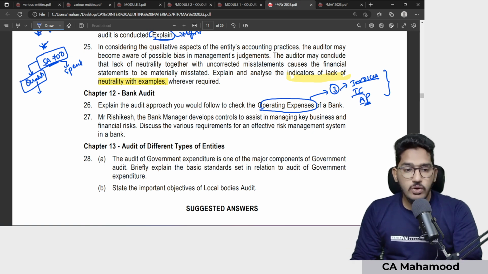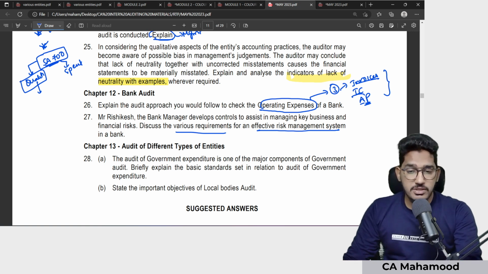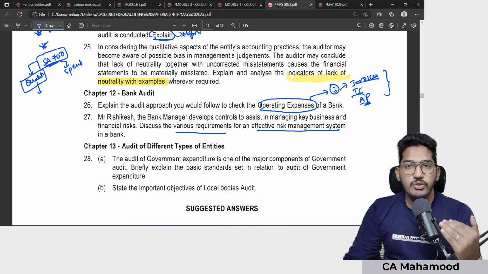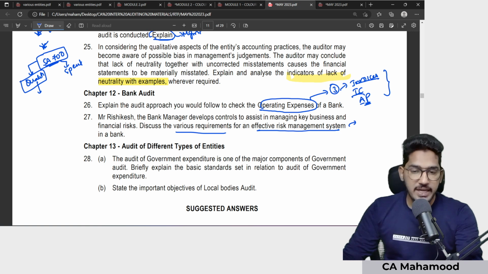That's all. Now talking about the next question, Mr. Rishikesh, the bank manager, develops controls to assist in managing key business and financial risk. Discuss the various requirements of an effective risk management system. They're asking you what are the various requirements for an effective risk management system. So if you remember, in order to have a good or effective risk management system, it needs to have 5 characteristics.